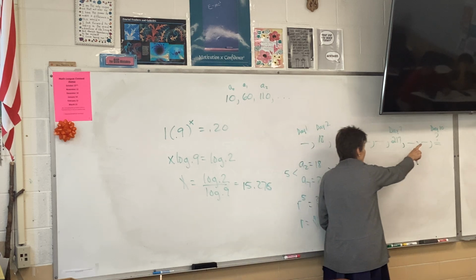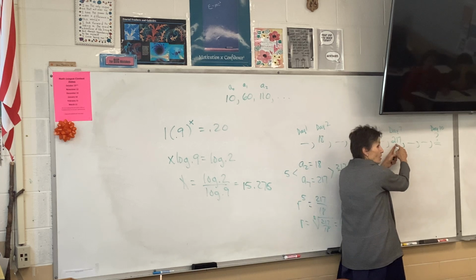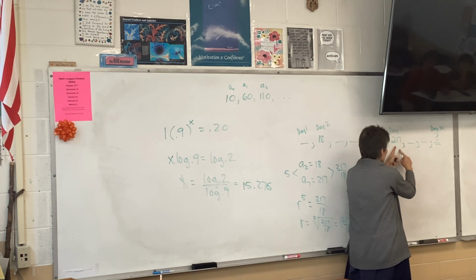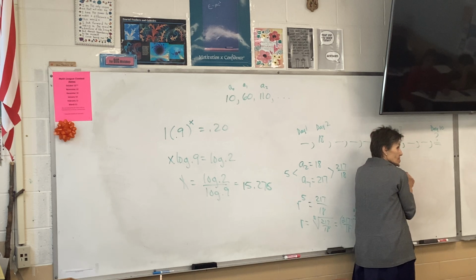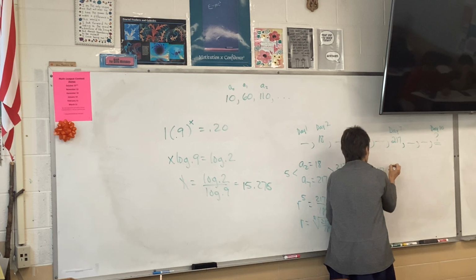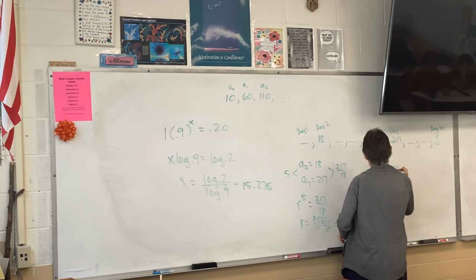Now, I need the 10th one. So there are different ways I can do this, but could I start here and multiply by R cubed? So I'm going to take 217 times this thing, and I'm going to cube that.